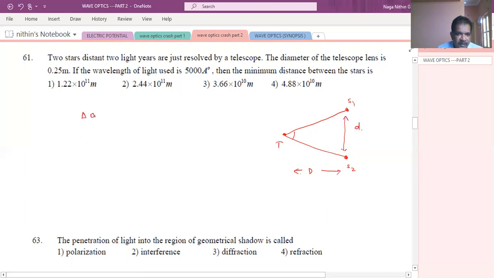So delta theta is equal to 1.22 lambda by b. Delta theta will be small d by capital D, and this is lambda by a.